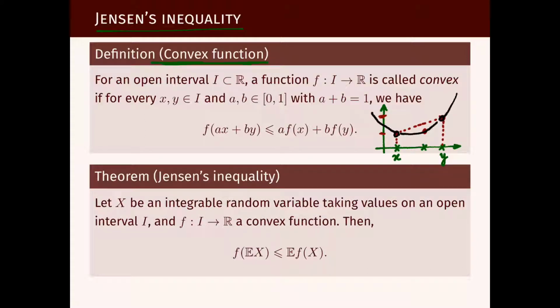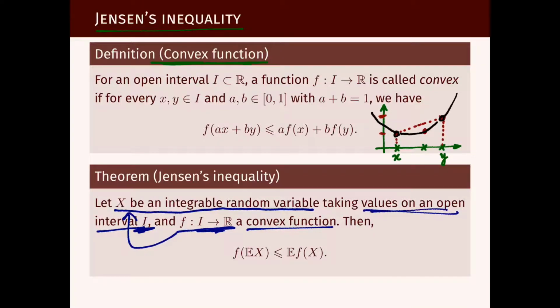And what Jensen's inequality says is that if X is an integrable random variable and it takes values on an open interval I, and for many purposes I can be the set of positive numbers, or the set of all real numbers, it just has to be an open interval, and we define a function f on that interval to be a convex function, so we're applying this function f to the random variable X. It's good that X takes values in the domain of f, so we can talk about what f of X means.